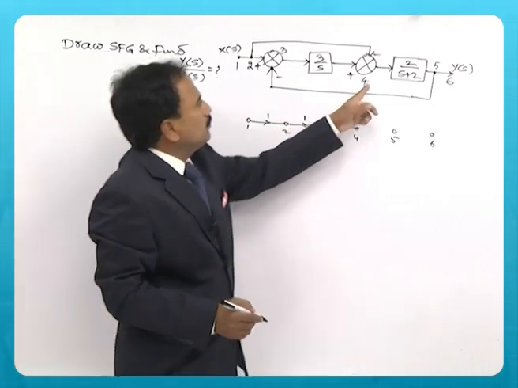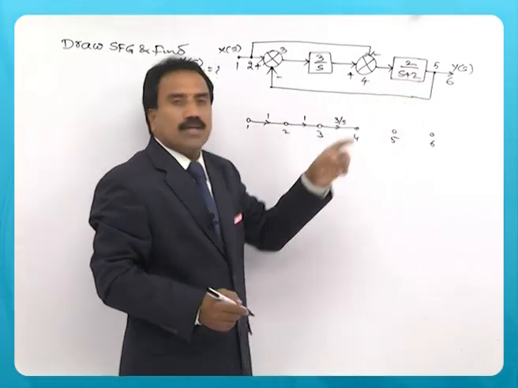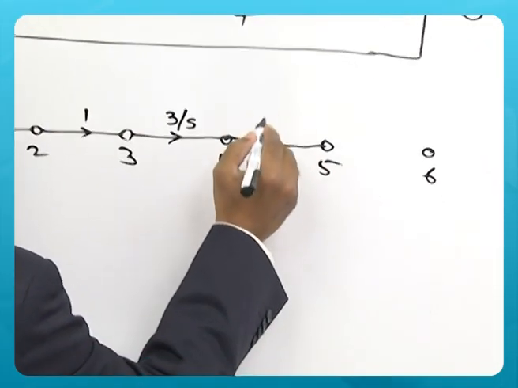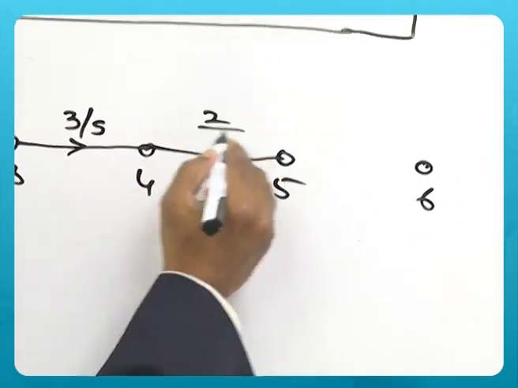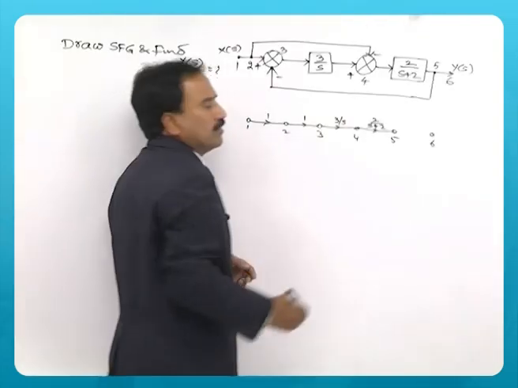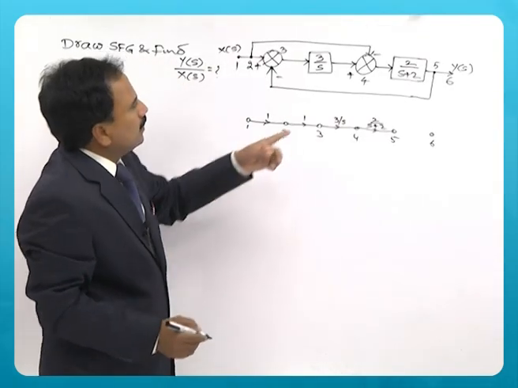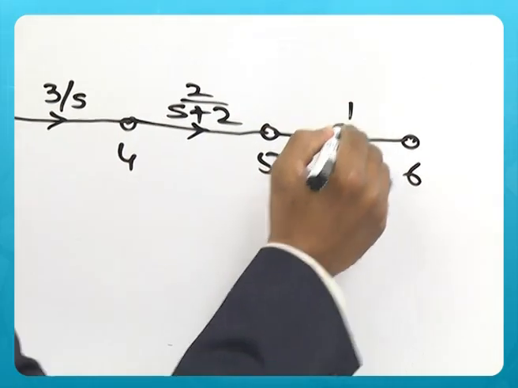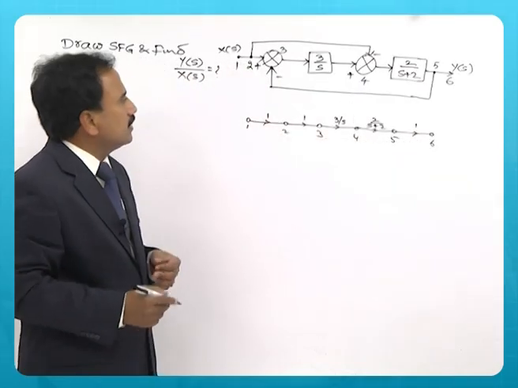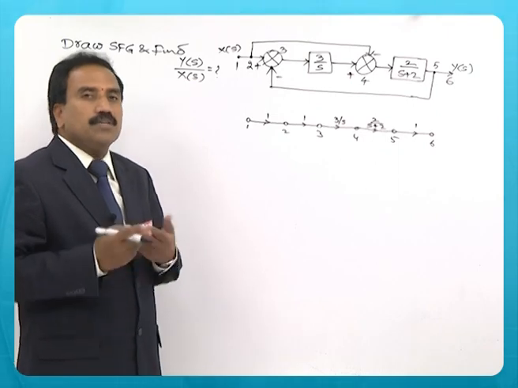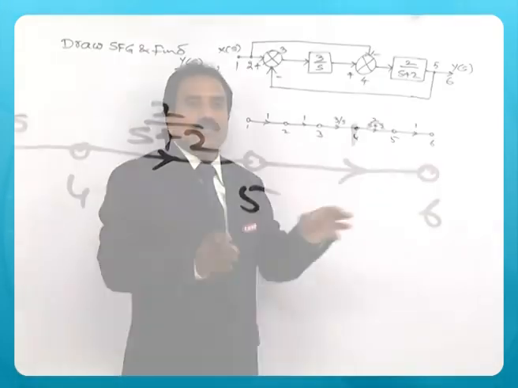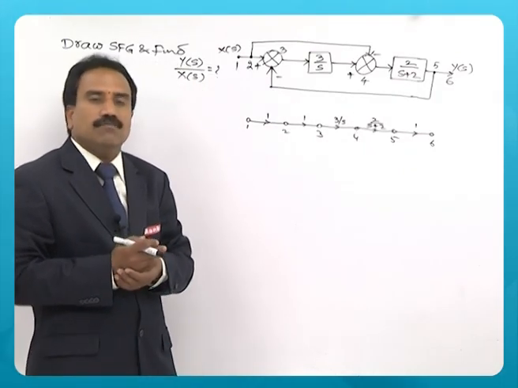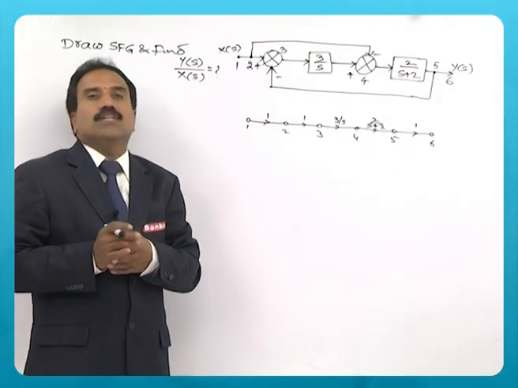Now between 4 and 5 there is a block again whose gain is given by 2 by s plus 2. And between 5 and 6 there is no block, so I just consider it as 1. I mean to say 5 and 6 are the same because the gain is only 1, so you can consider 5 as well as 6 as one and the same.